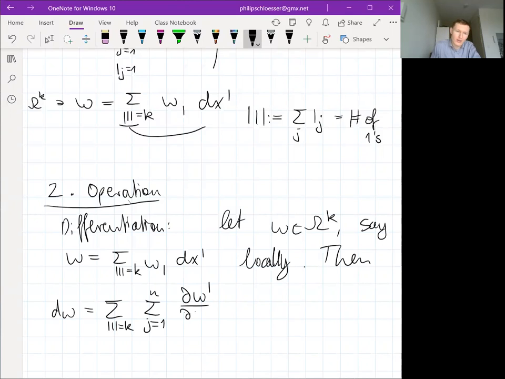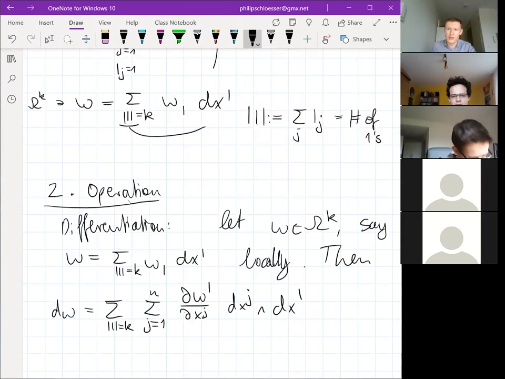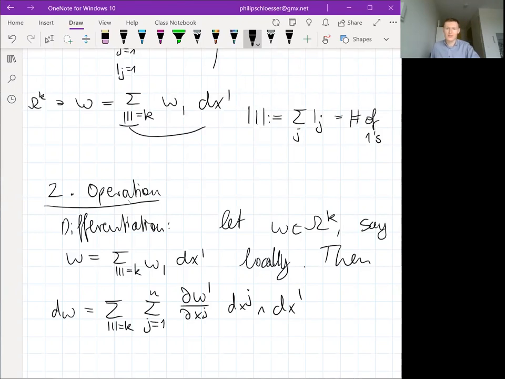Well, in all of them, and we just sum them all up together with a marker of what direction we differentiated.